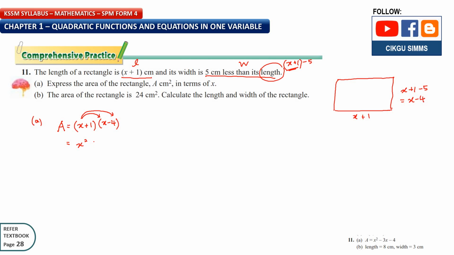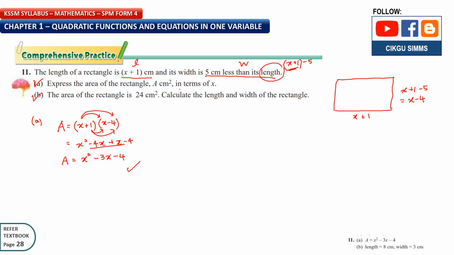So x squared minus 4x plus 1x minus 4. So A is equal to x squared minus 3x minus 4. Okay, so this is the equation.